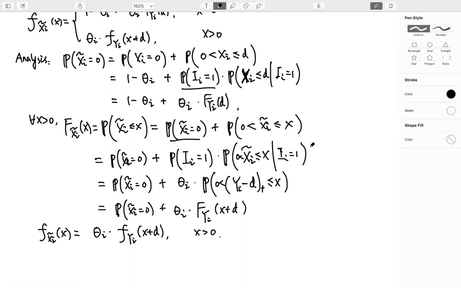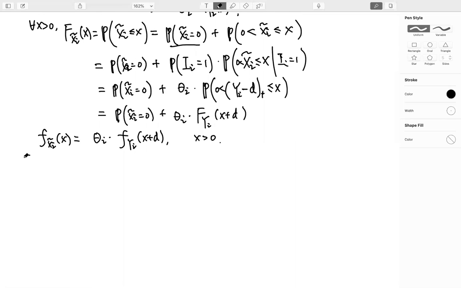Or if you are advanced enough, you can use the idea of differentials, because usually what people write is the probability that, so assume this is continuous. So now my x is continuous.